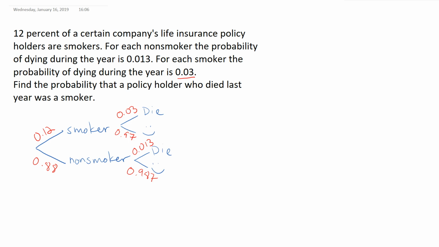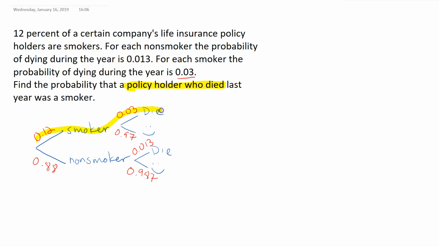So what we look at again is just what do we know to be true? Well, it doesn't use the word given here, but they did give us some piece of information. It says the probability that a policyholder has died. So we are only looking out of people who died. So there are two branches here that the people die.